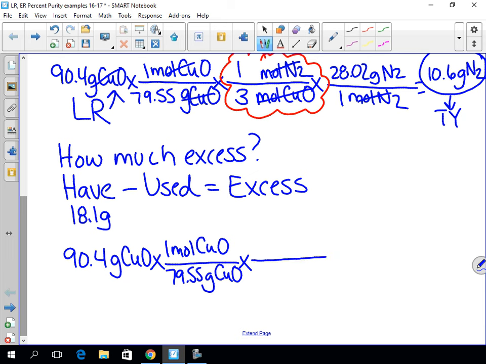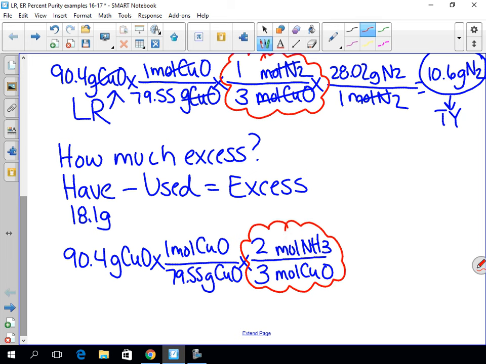We want to see how much of that other reactant we used. We'll still cancel out our moles of copper oxide on the bottom. We'll have our moles of ammonia on top. And still going back to that balanced equation, there's a ratio of 2 to 3, so we're still using our balanced equation in there.